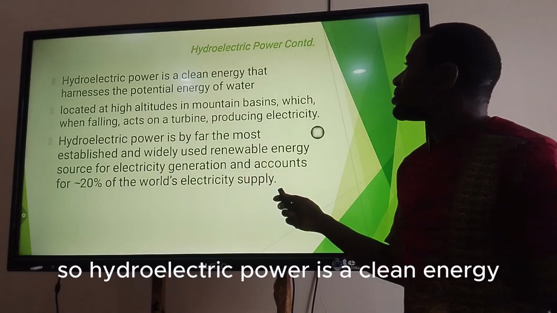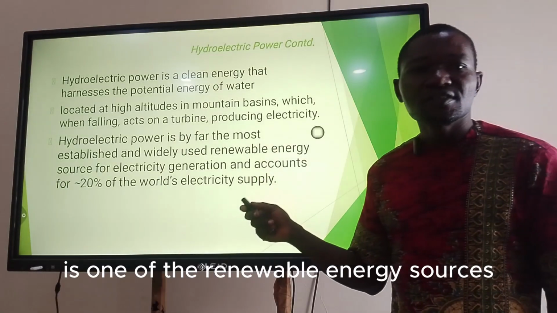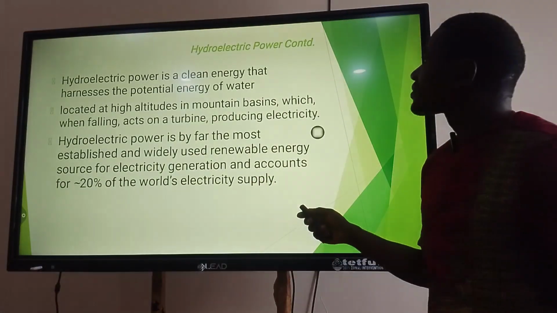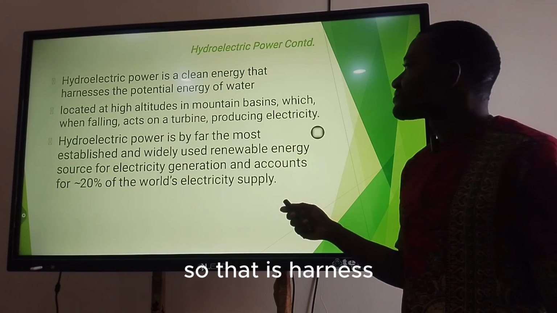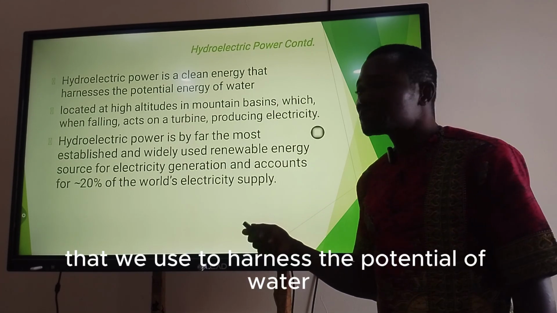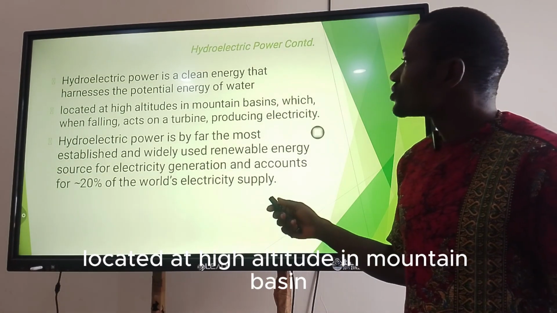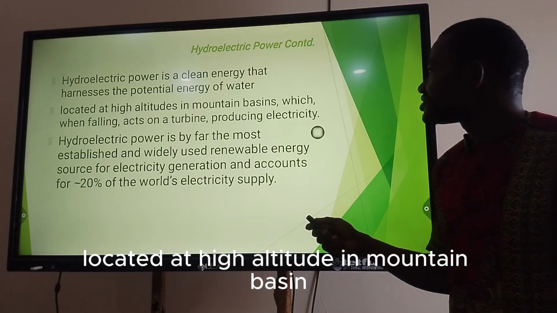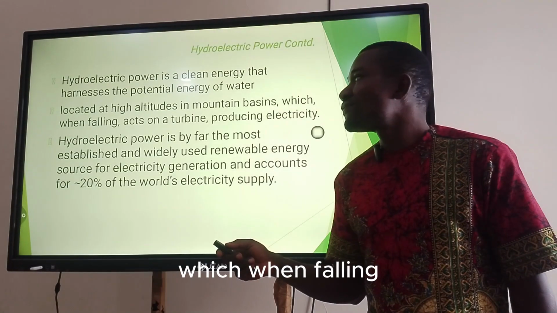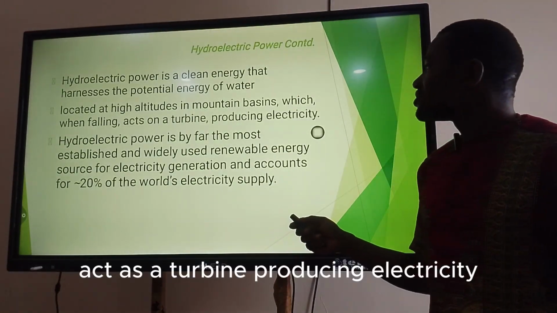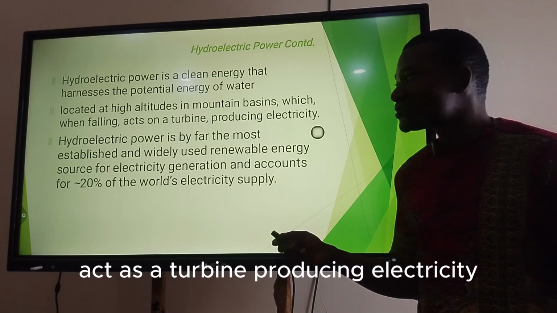So hydroelectric power is a clean energy. It's one of the renewable energy sources. We use it to harness the potential of water located at high altitude in a mountain basin, which when falling acts on a turbine producing electricity.